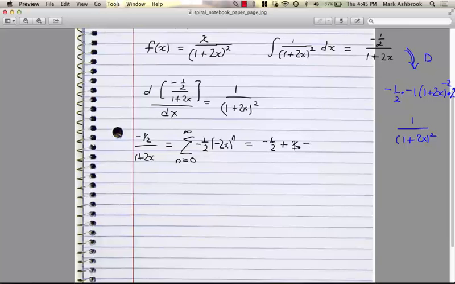It's going to be negative. Let's simplify that. Hold on a sec. Let's simplify this thing first. I think that'll make it easier. So this is negative 1/2 times negative 2 to the n times x to the n. So really, we have negative 1/2 times negative 2 to the n times x to the n.